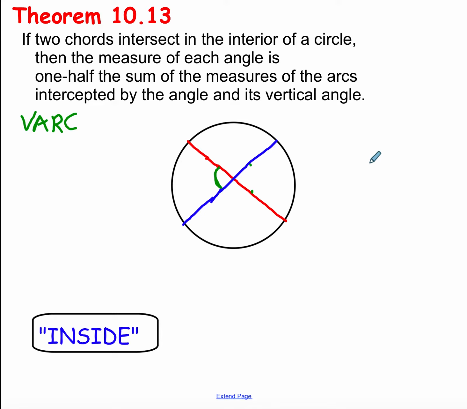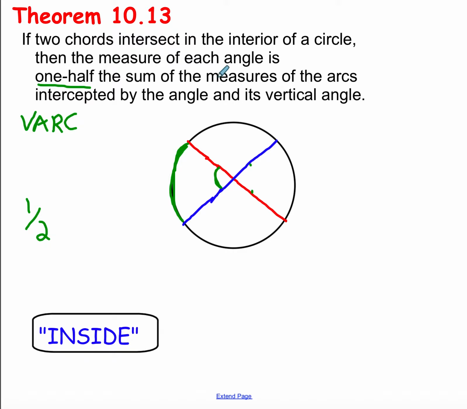What this theorem says is that this angle right here is going to be 1/2 the sum of the measures of the arcs intercepted by the angle. What arc is intercepted by this angle? Well, clearly this arc right here is intercepted by that angle.